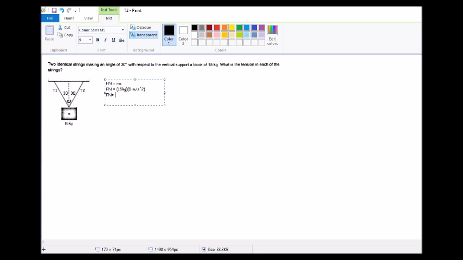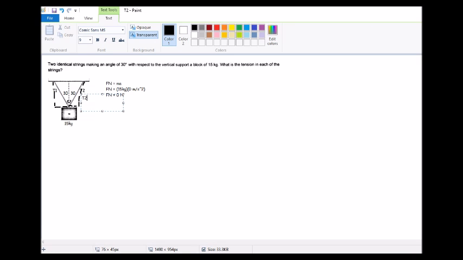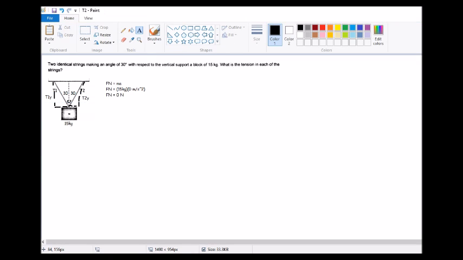Therefore Fn would equal 0 newtons. Alright, now for this one, we should also set an x and a y. So this would be T2y, this would be T1y, and these two would be T1x and T2x respectively.